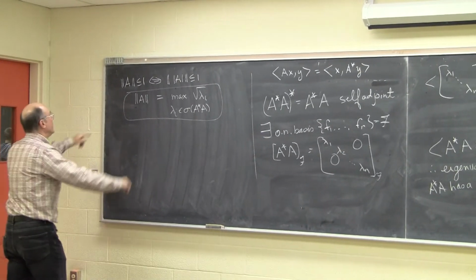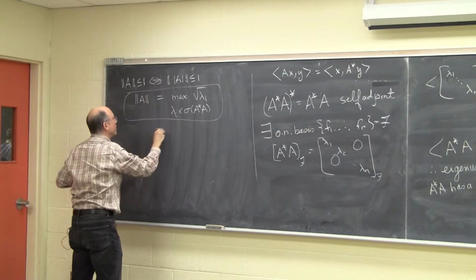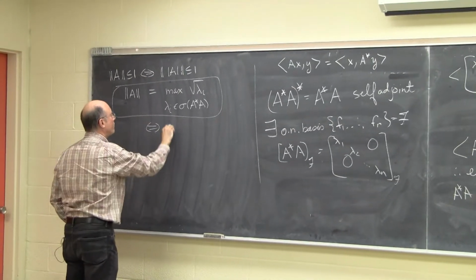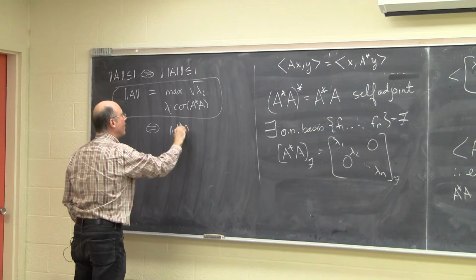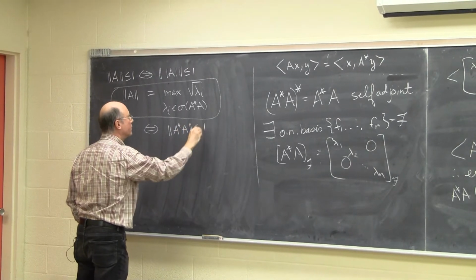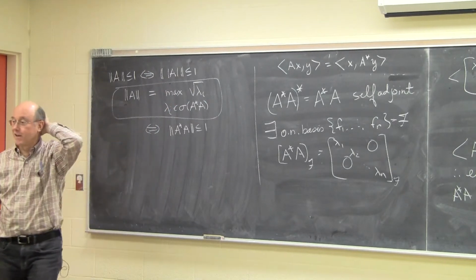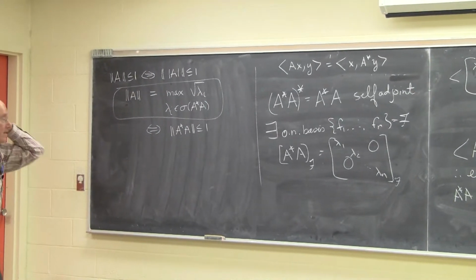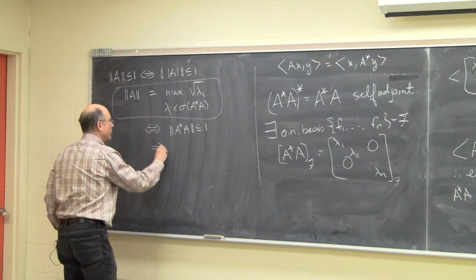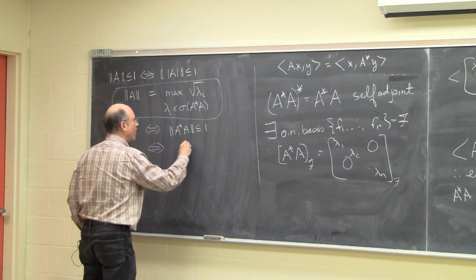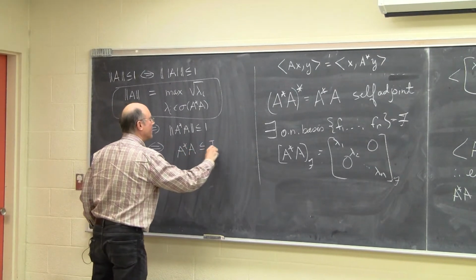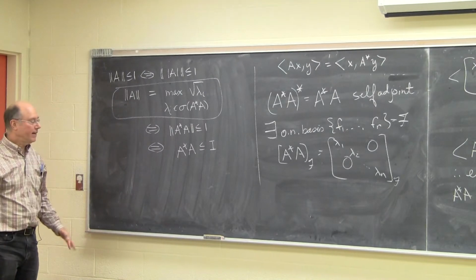Okay. So this is true, and this is true if and only if norm of A star A is less than or equal to 1, because the eigenvalues square root of lambda i are less than 1 if and only if the lambda i's are less than 1. But this is true if and only if A star A is less than or equal to the identity.